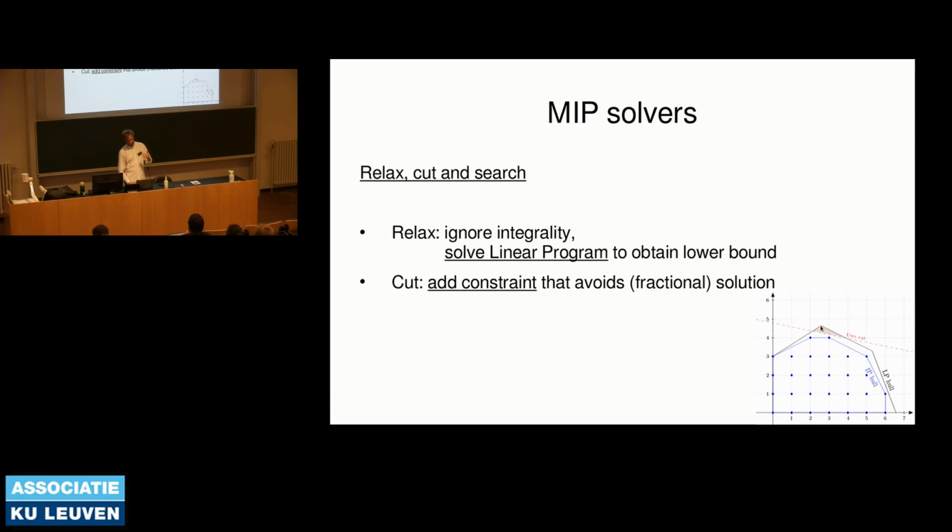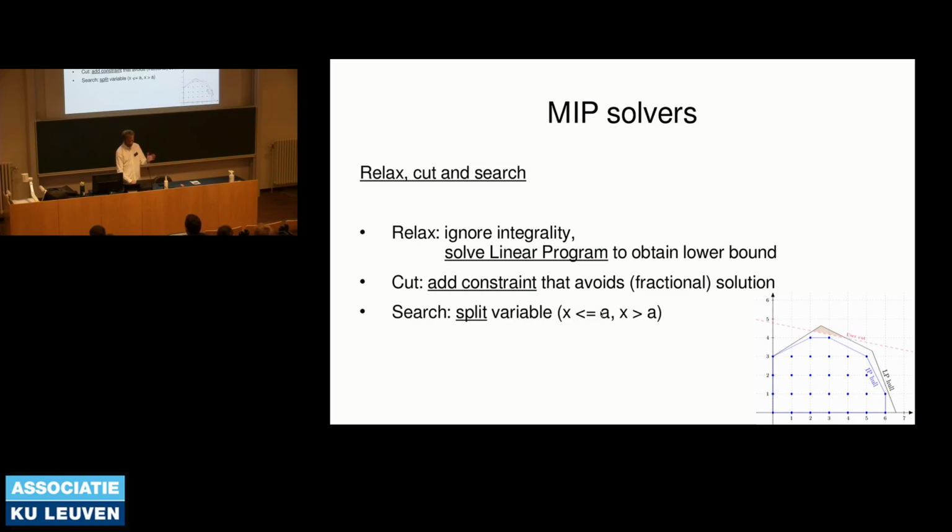And so this is, of course, a relaxation. And so the integer points are the blue dots here. And the LP solution might be here at this vertex. And then what it will do is it will say, that's not an integer point. Let's see if we can add a constraint, if we can shave off that fractional solution, and then you get a slightly tighter formulation, and then you can do the same again and again. And then if you're very lucky, you don't have to do any branching, but typically there is still some branching that happens.